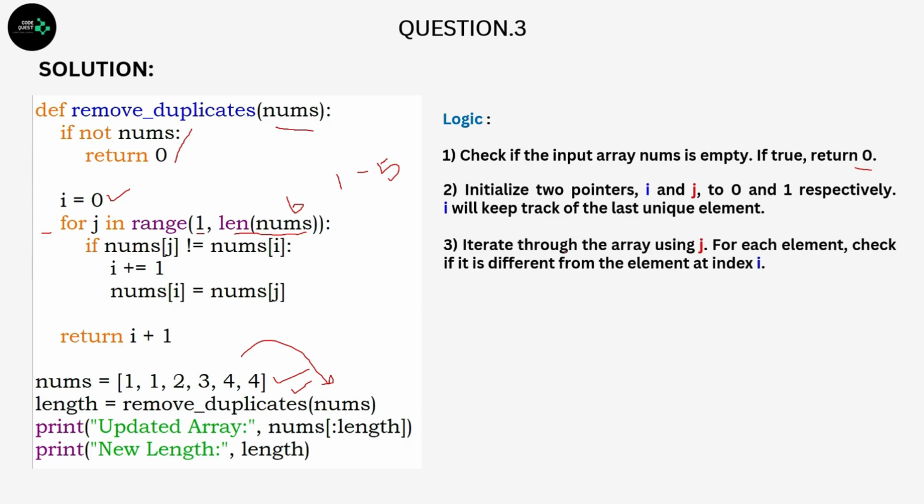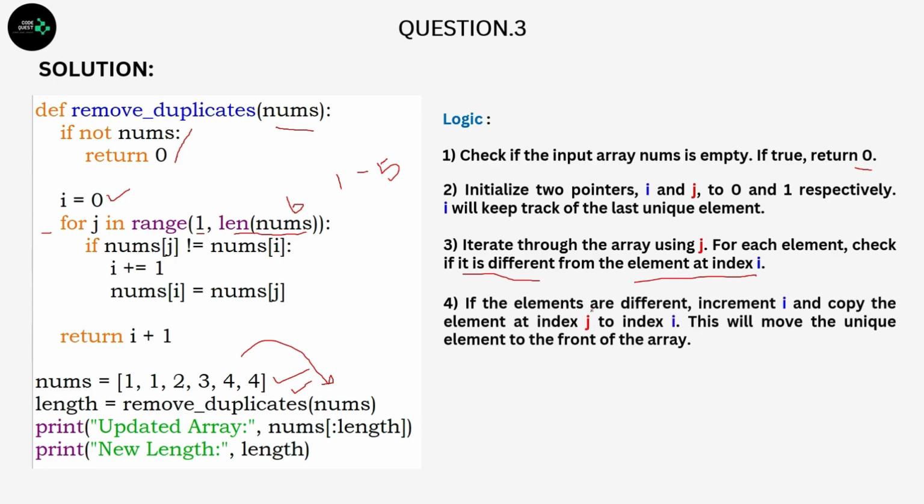Now when we iterate through the array using j, for each element we will check whether it is different from the element we already have at index i. If the elements are different, then I will increment the i value, and I copy the element at index j into index i.